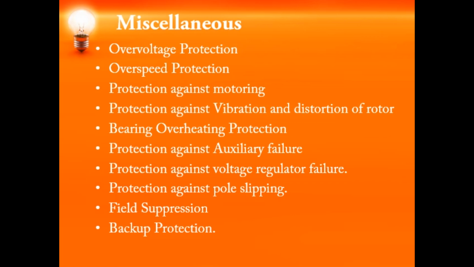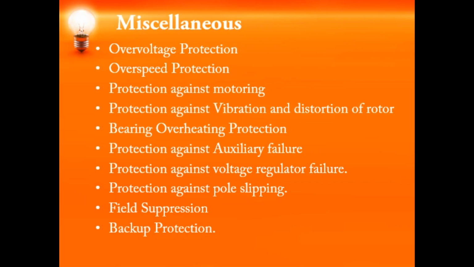So next is protection against auxiliary failure. Whenever the power plant is operated, you know that the auxiliaries are very important for running the generator sets. So high grade protective equipment is usually used, and we need to protect the auxiliaries system also.